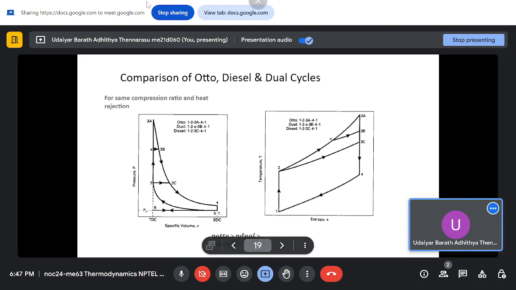So we'll see this first before going to the problem, how these three cycles are put together. If you have three cycles, Otto, diesel and dual, and all three have the same compression ratio, that is, for 1 to 2, the isentropic compression, the ratio V1 by V2 is the same for all the cycles, and you assume the same amount of heat is rejected.